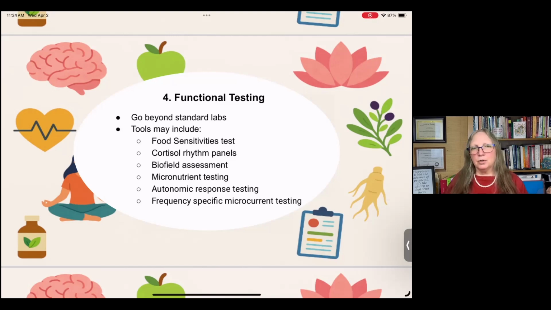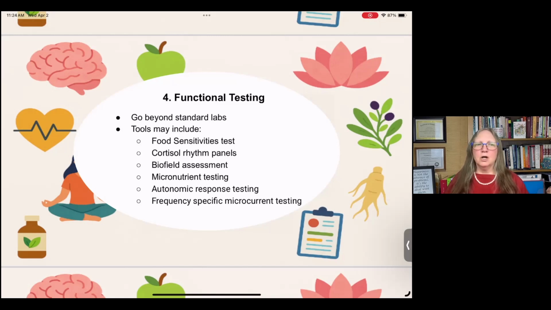Some of our tools may look like a food sensitivity test. We pretty much ask everyone to do that at the beginning because that helps us know what's creating an inflammatory response so that we can avoid those foods while we're healing the gut. Because the more that our gut is inflamed, the slower it will be to heal.